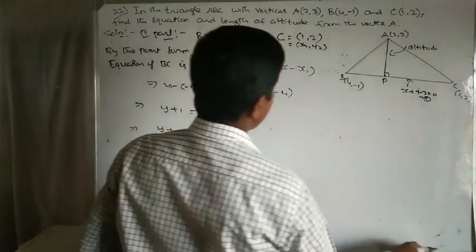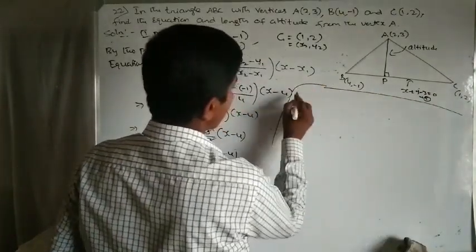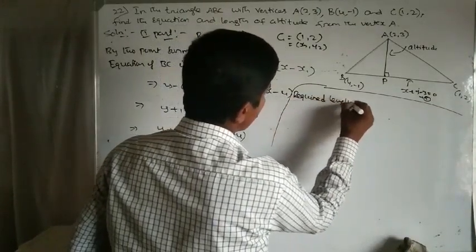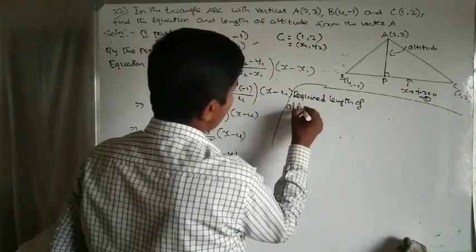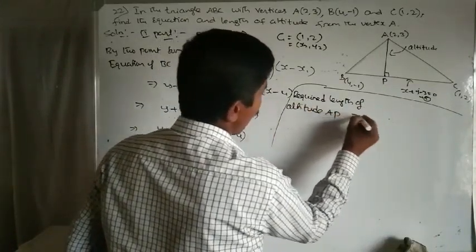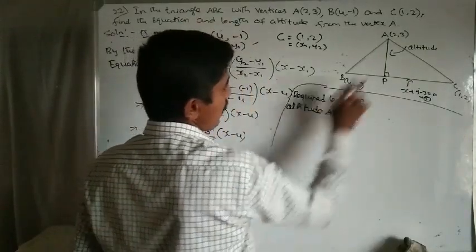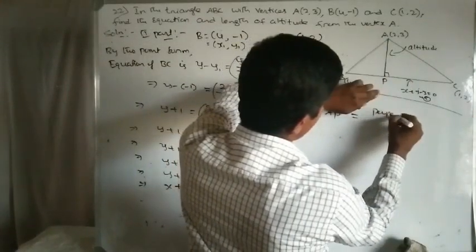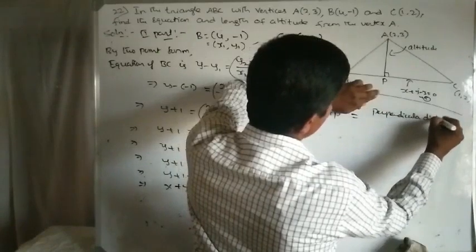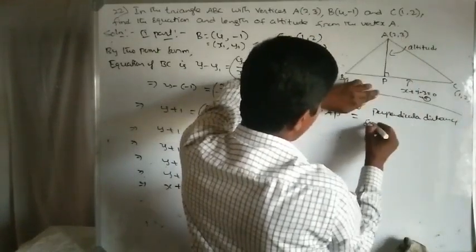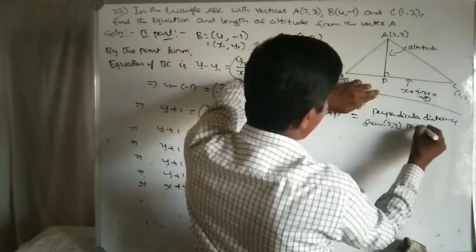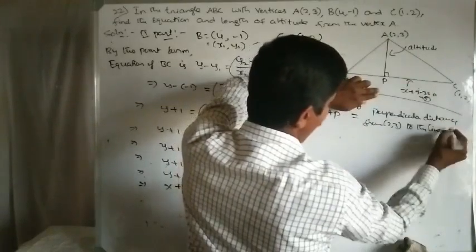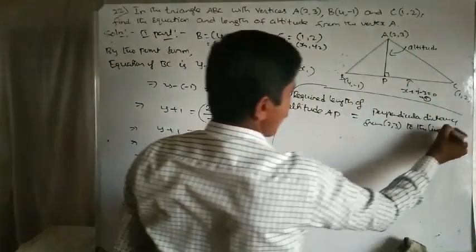The required length of the altitude AP is equal to the perpendicular distance from the point (2, 3) to the line, equation 1, x plus y minus 3 is equal to 0. This line denotes equation 1.